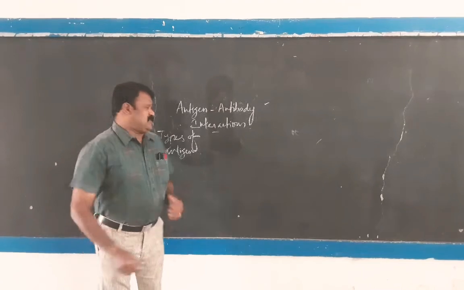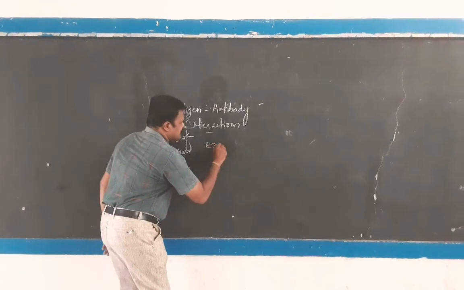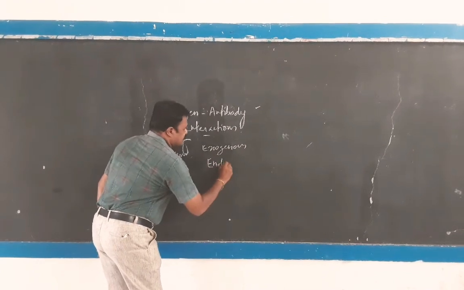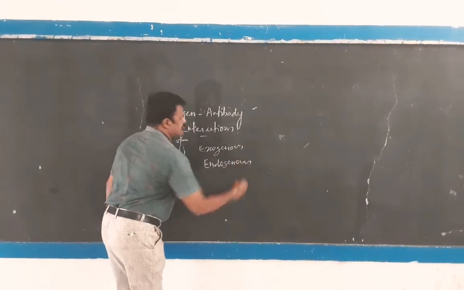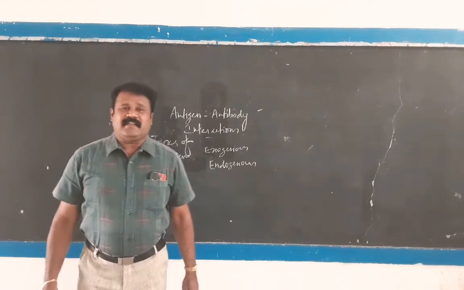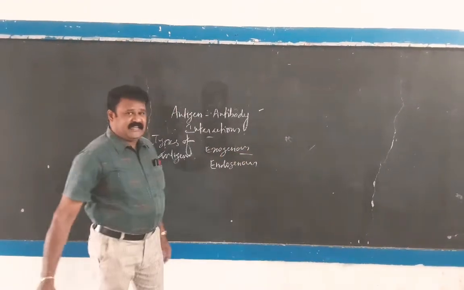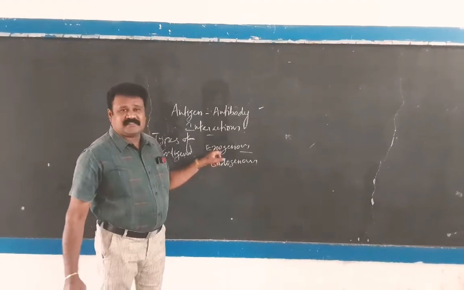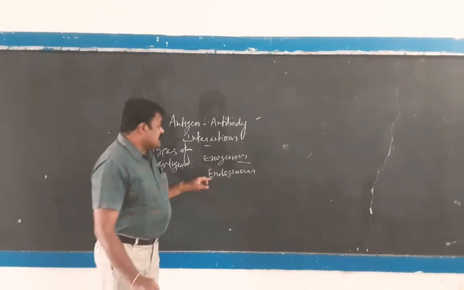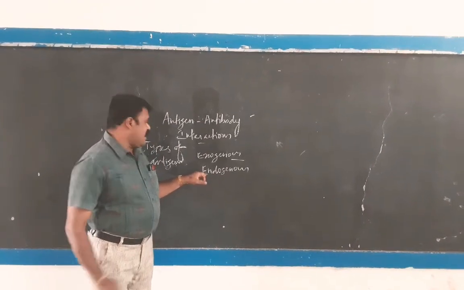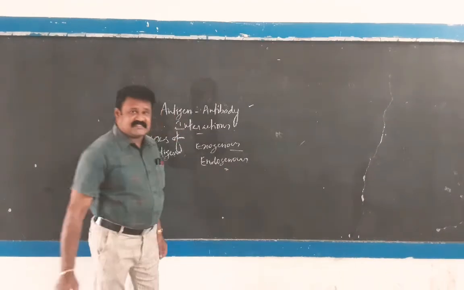Antigens are of two types, namely exogenous antigens and endogenous antigens. Antigens which come from outside are called exogenous antigens. There are some antigens found inside our body itself. They are called endogenous antigens.